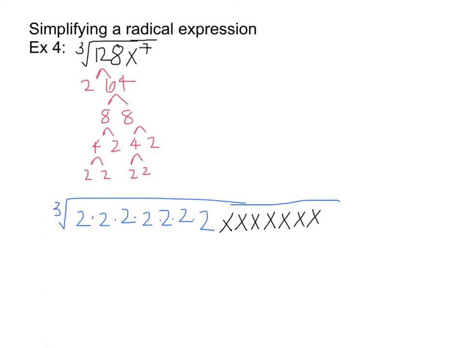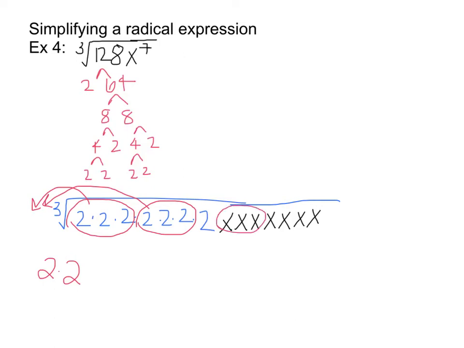So here's 1, 2, 3 2's. So that 2 is going to come out in front. Okay, again, 1, 2, 3 2's. So that 2 is going to come out in front. Okay, there's only 2 left, so it's going to stay underneath.